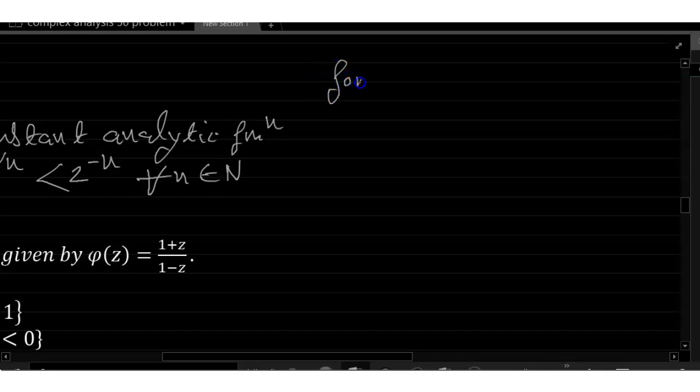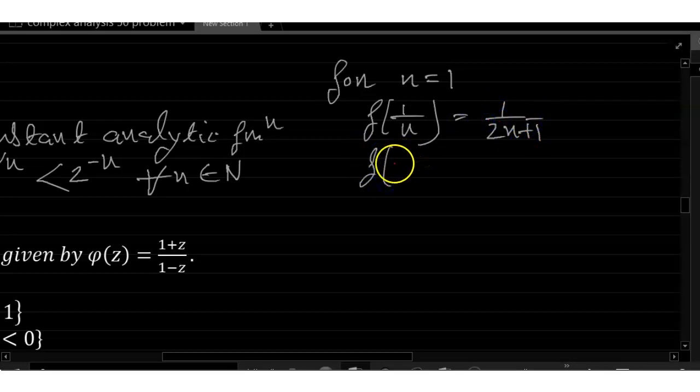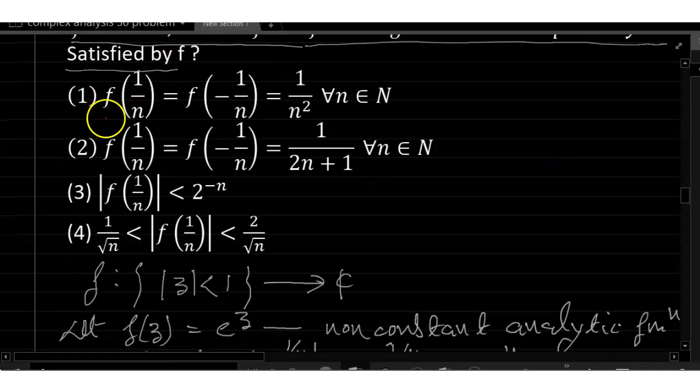And for n equals 1, if f(1/n) equals 1 by 2n plus 1, and if f(minus 1/n) equals 1 by 2n plus 1, this condition cannot be satisfied, because I take the example e to the power e to the power z, then this is not possible.